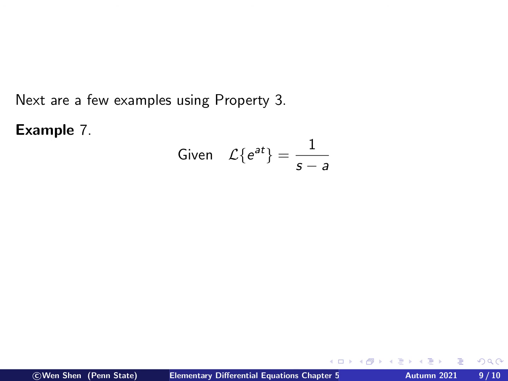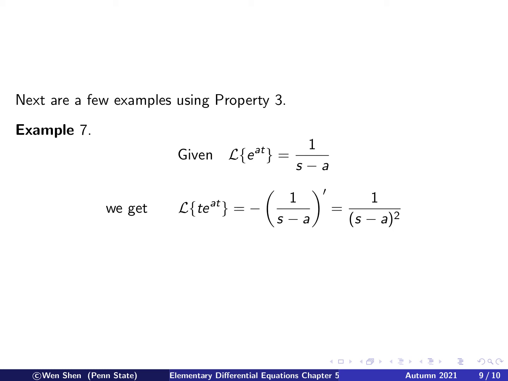Okay, now we are going to take a few examples using property 3. That is, if you multiply the function by a t or a negative t, what you need to do in the end for the transform function is to take a derivative. Okay, example 7. Now we start with the exponential function e to the at, and its transform is 1 over s minus a.